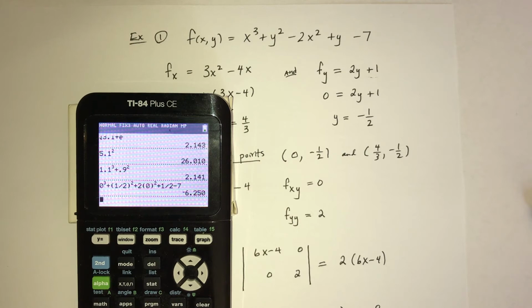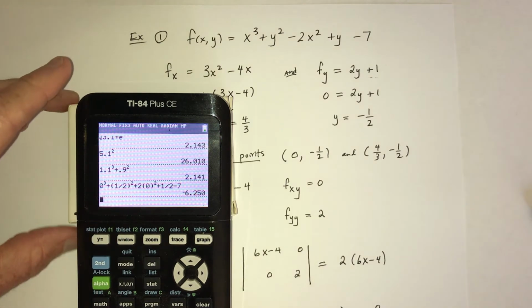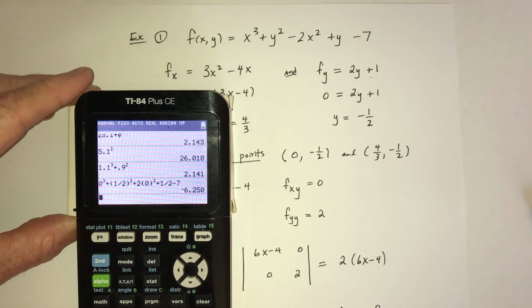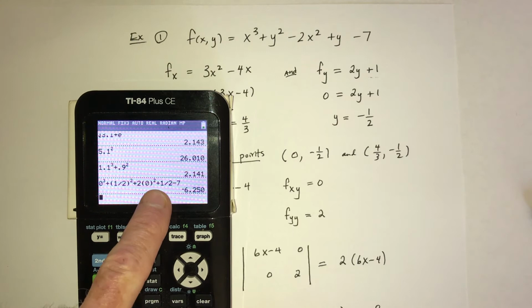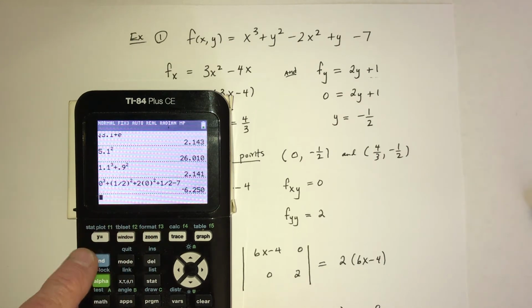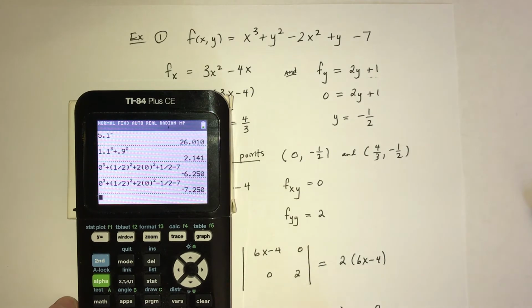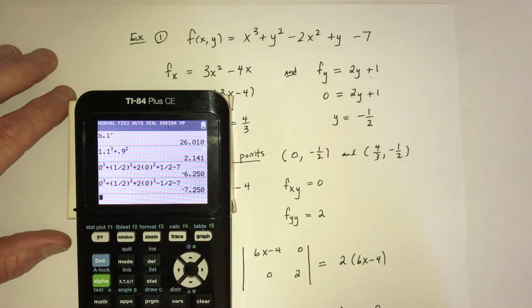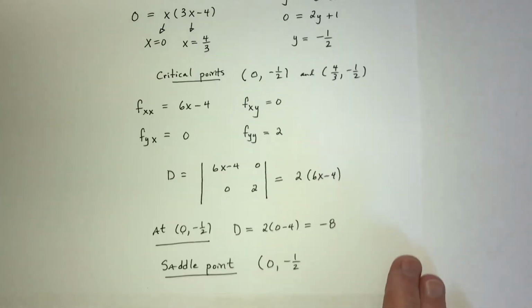And I'm just double checking, did I type it in right? So 0 cubed, oh, I don't think I typed the negative, I think I typed the positive. So that's going to make a difference right there. Right there it doesn't make a difference because it got squared. Okay, so then the z value is negative 7.25.